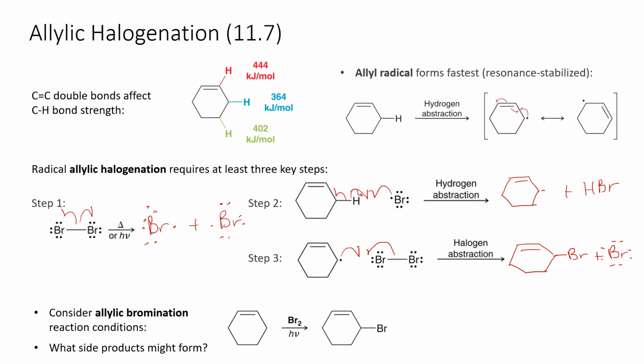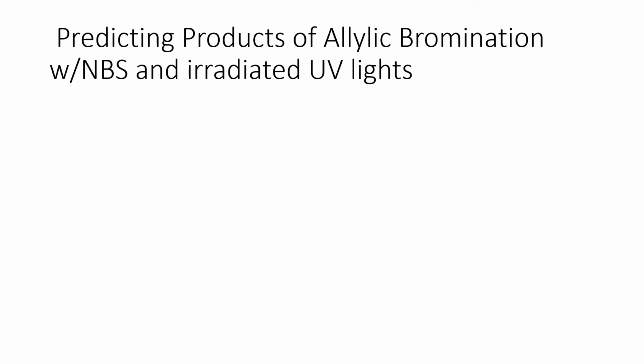Remember, this can be a competing reaction because with halogenation, we can have addition reactions to the double bond. So if we just use Br2, with allylic bromination under these conditions, we can also have addition of the bromine to this molecule. So I'd like for you guys to practice doing that.